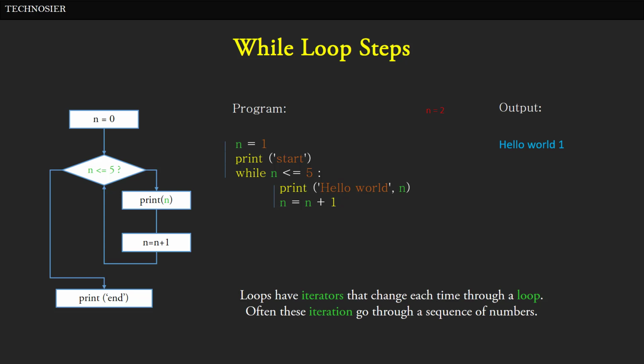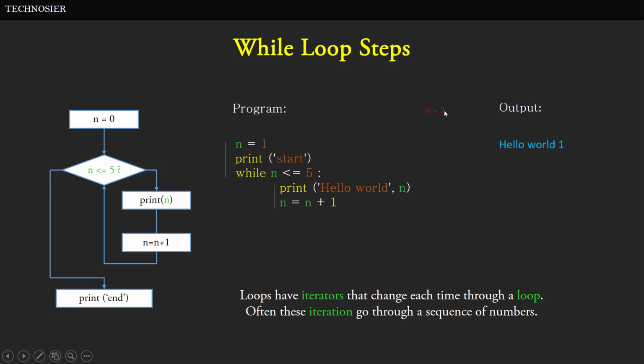Then we have to increment the value each time, so n will be incremented by one each time: n equals n plus 1. Now n equals 2 and the system has printed the output hello world one time.